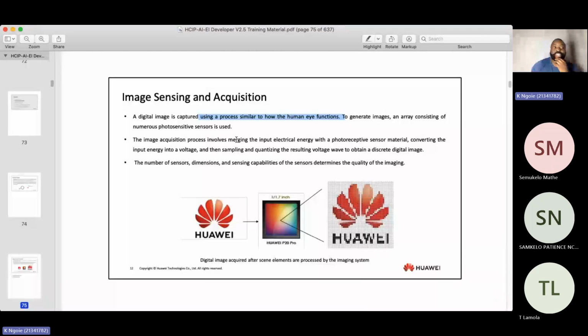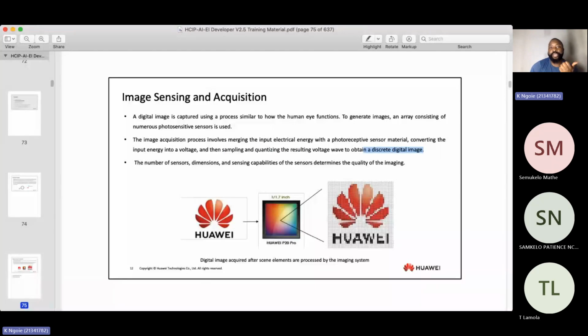The image acquisition process involves combining the input electrical energy with photoreceptive sensor material, which will convert that input energy into voltage, then sampling and quantifying the results to obtain the discrete image, right?